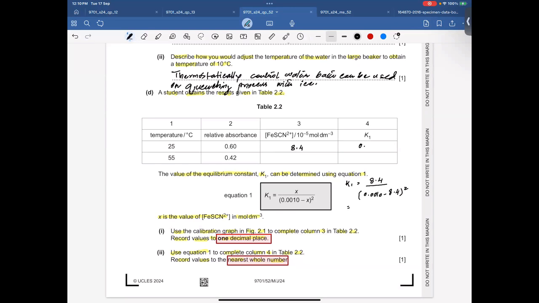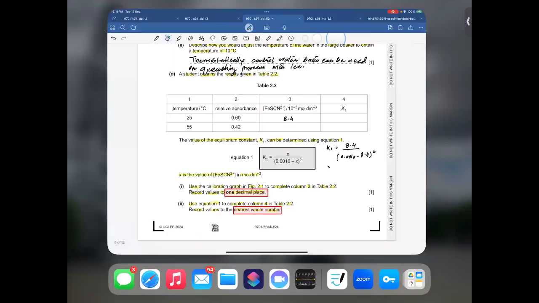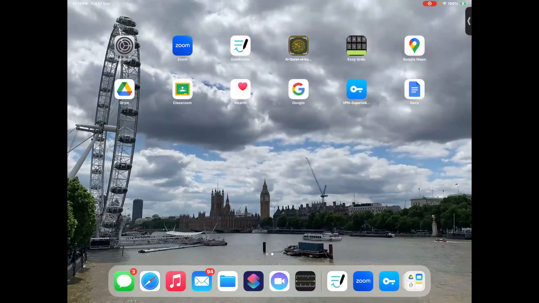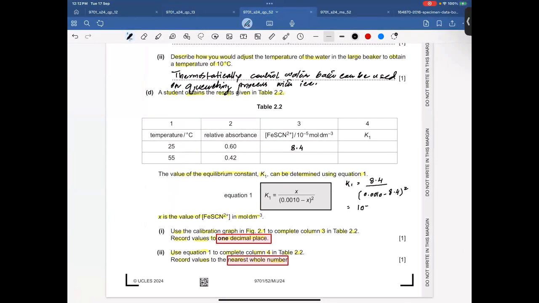Okay. So the value here is going to be 1.90. So that's going to be 107, I believe.